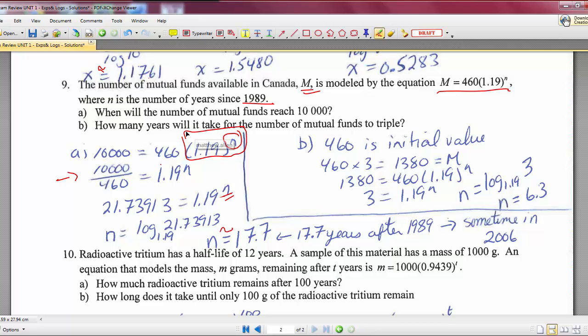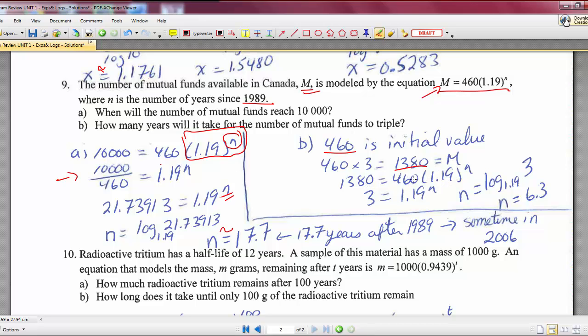The second part of the question, how many years will it take for the number of mutual funds to triple? And so if we start with 460, when it triples, we get to 1380. And so 1380 is my ending value. It's my M. It's the number that we have. The 460, of course, was the initial value that was in the original question. And the 1.19 is what's going to allow me to grow.